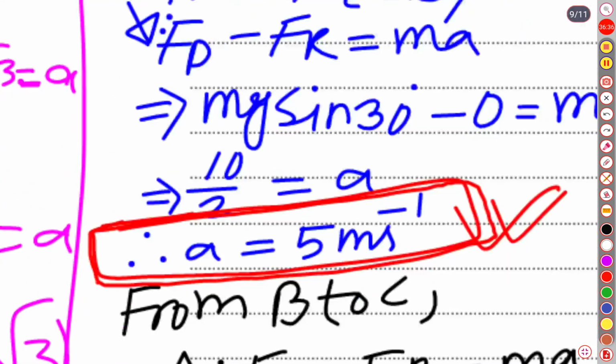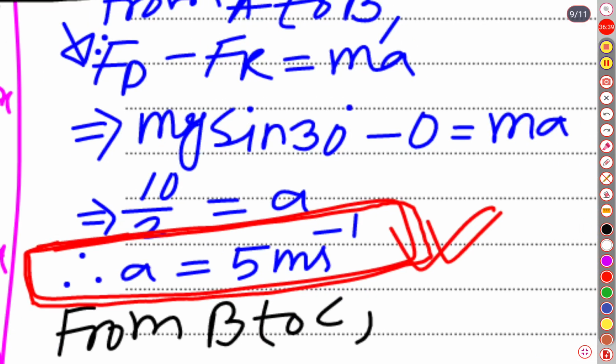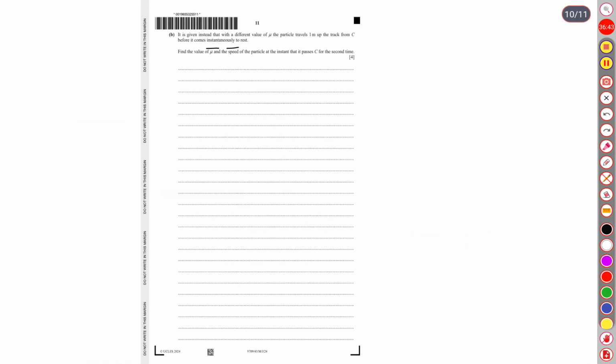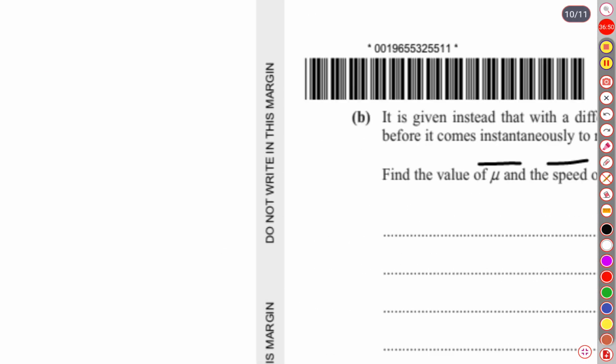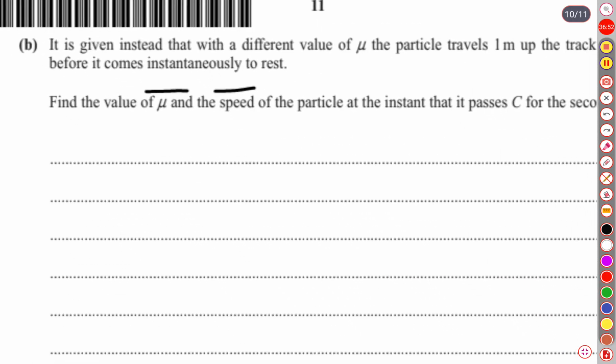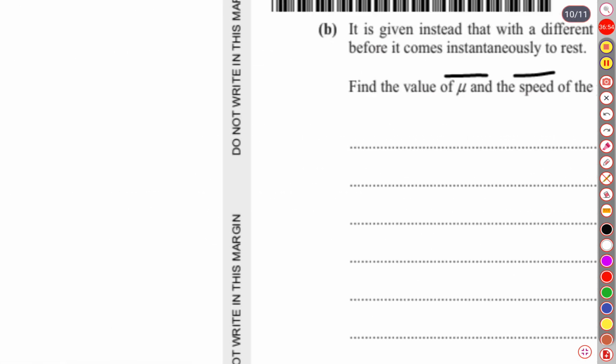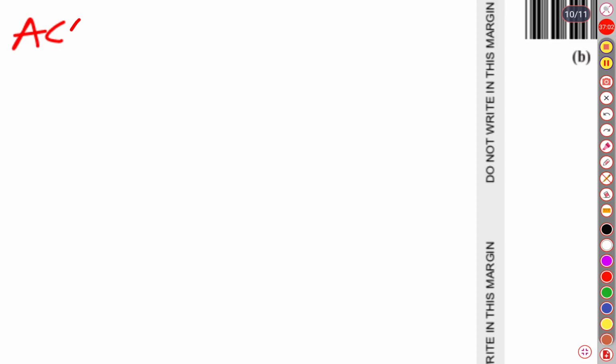Velocity can be written later on. First we will write that the acceleration at B is the same. Acceleration at A.